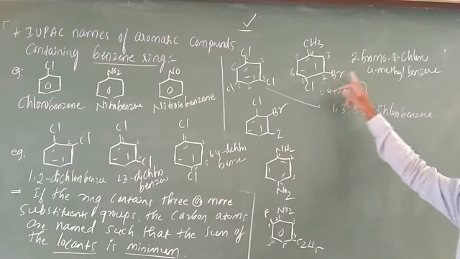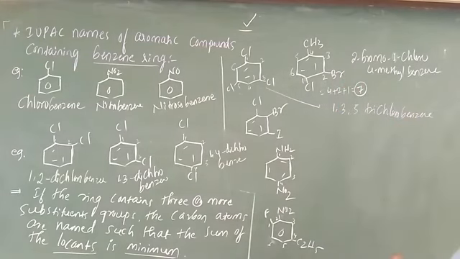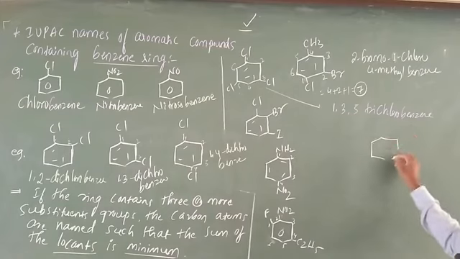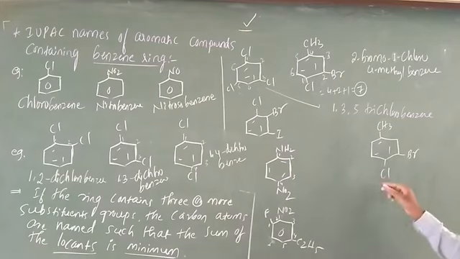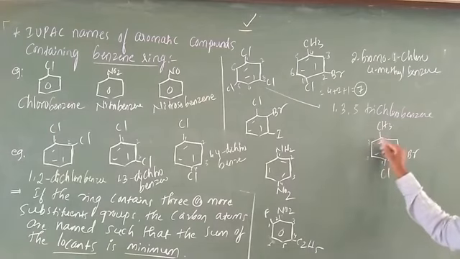This is correct. If I take this same example only, I will clarify, this is Br, next this is Cl. If one student starts from here, this is 1, next this is 2, this one is 3, this is 4, this is 5, this is 6.